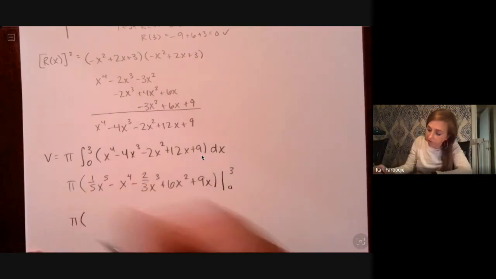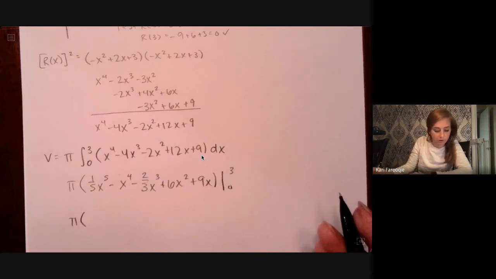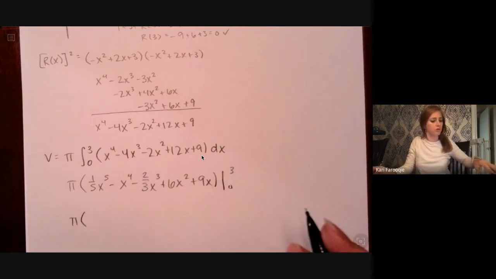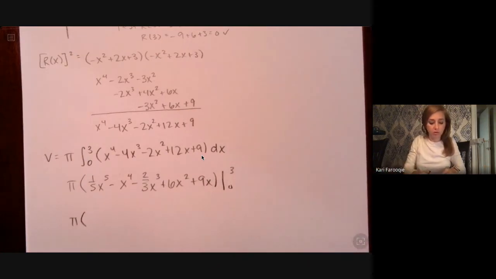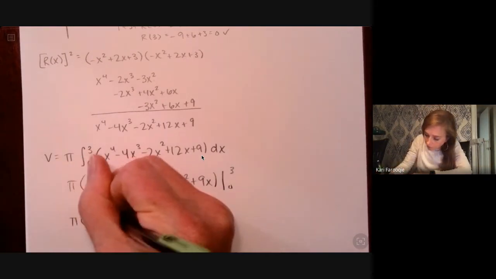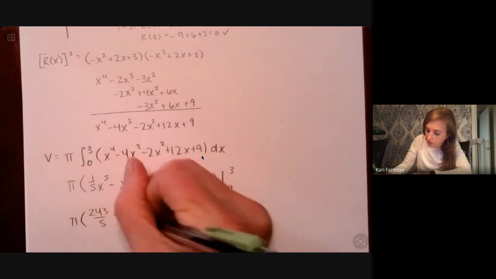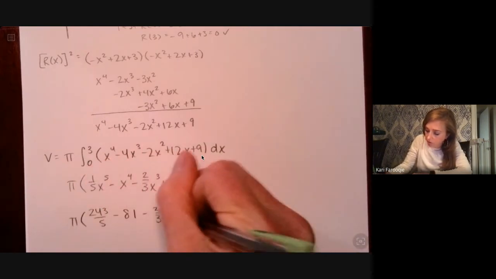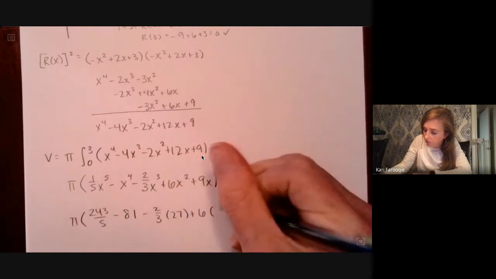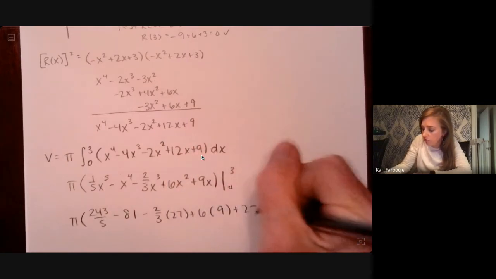So I have pi times 3 to the 5th, which is 243, 243 fifths minus 3 to the 4th, which is 81, minus 2/3 times 27 plus 6 times 9 plus 27.